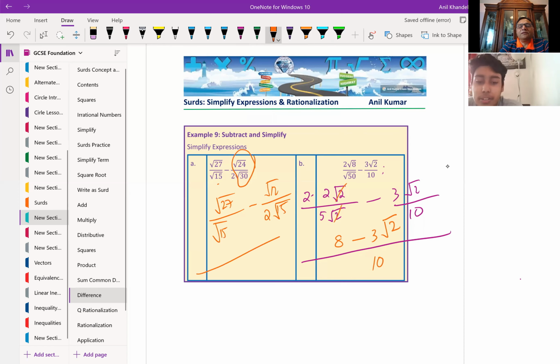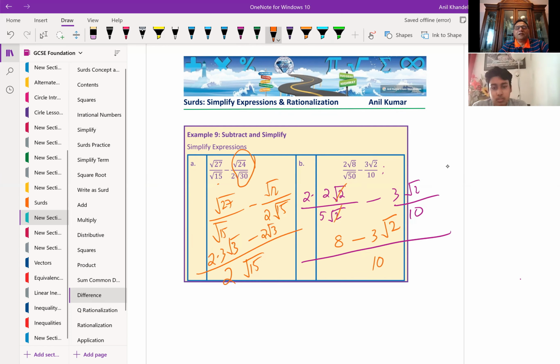So I got 15 within the square root common, right? I know this is wrong. So 27 can be written as 3 square root 3, times 3. And this is 12, which is 4 times 3, so 2 square root 3.